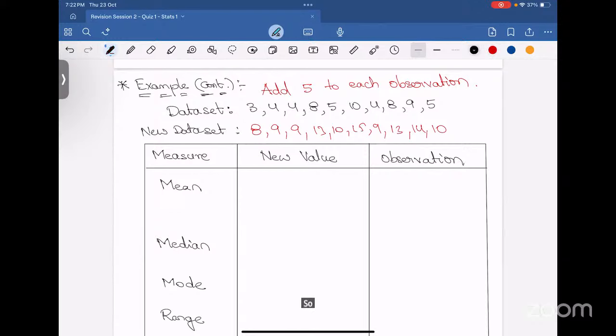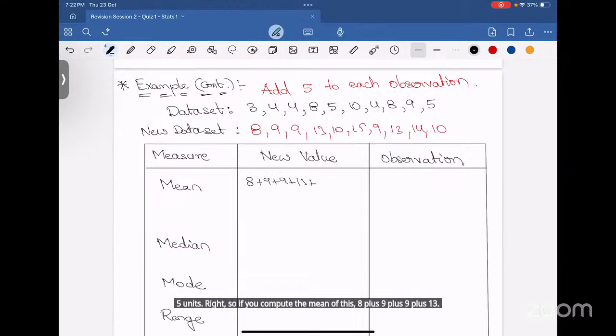If you compute the mean, you will see that the mean is shifted by 5 units. If you compute 8 plus 9 plus 9 plus 13 and so on, divided by 10, you will see that the mean will be 11.